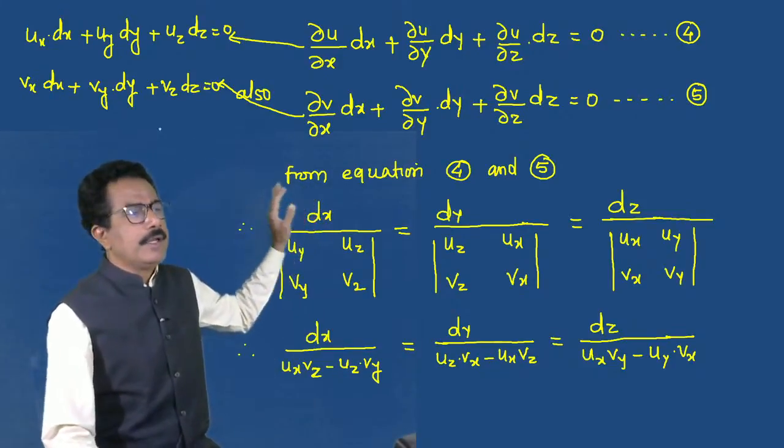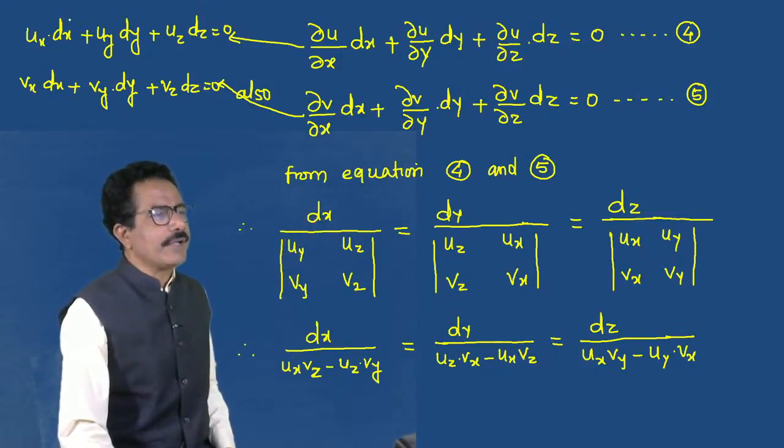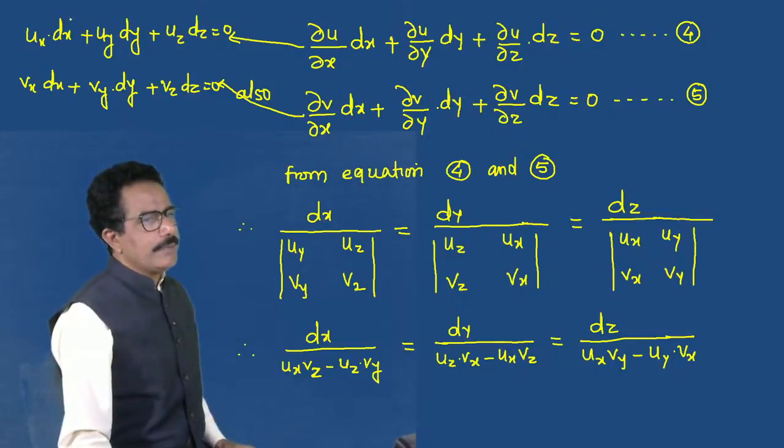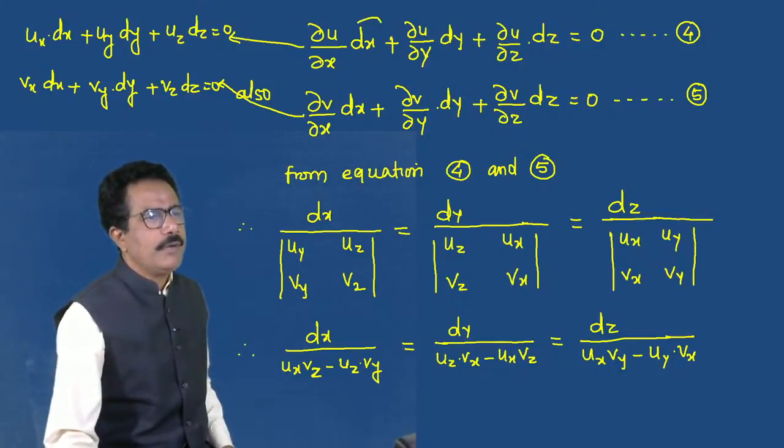So now by the consistency of the equations, we can remove this. Now we have to find out the denominator of x.